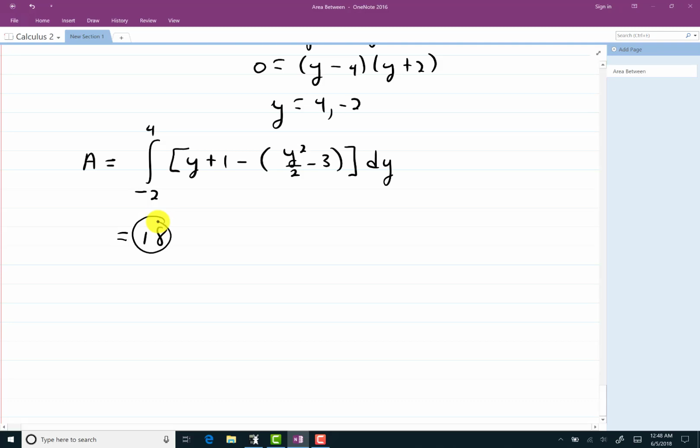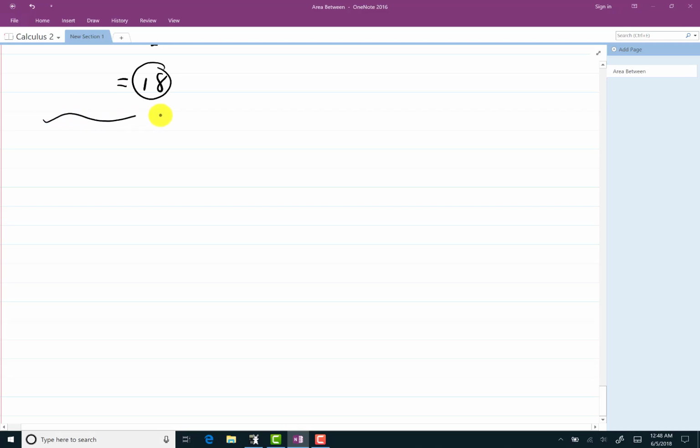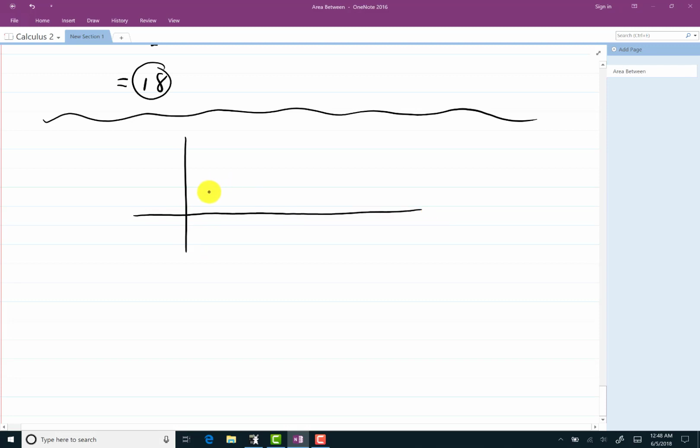Also, one last note that I'll make. You could have functions that do something like this. I could have one function, say that's f, and another function, g, and they could have all sorts of pockets of area between them.